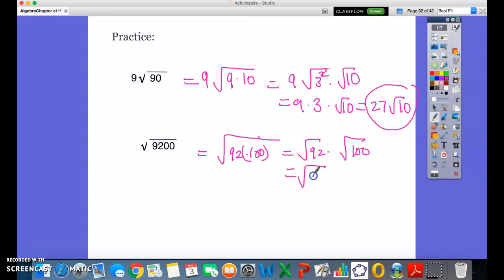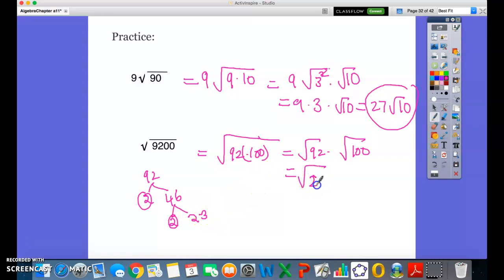For square root of 92, I can make the factor tree. So this will be 2, 46. Then this will be 2 and 23.